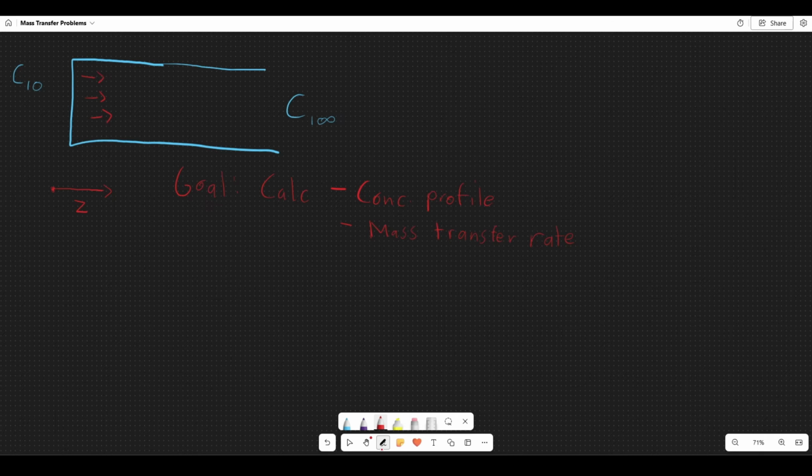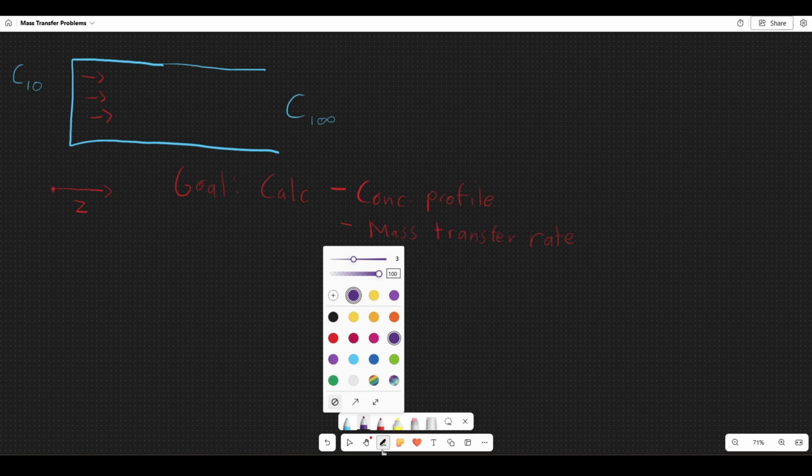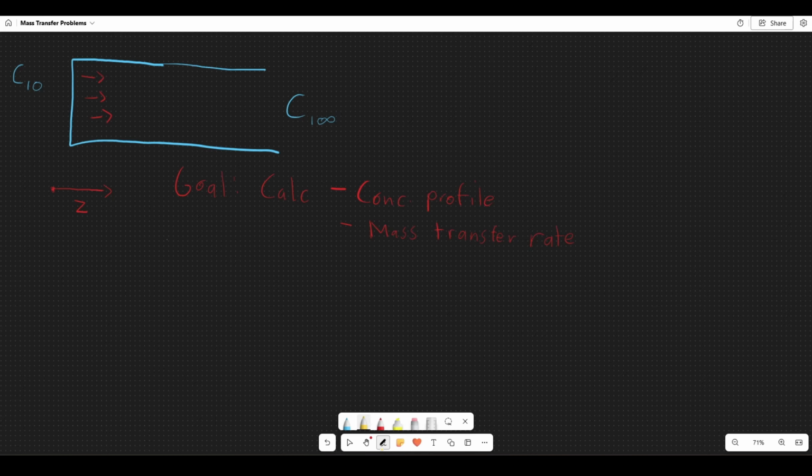Perfect. And let's outline our boundary conditions and our initial conditions. Let's say that at time t equals 0, the concentration throughout the block is always C1 infinity, right?